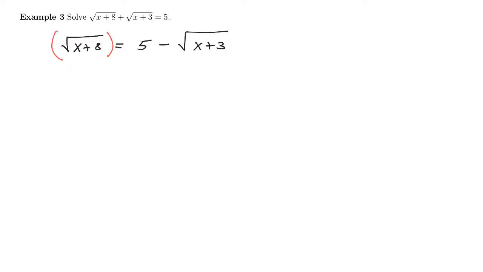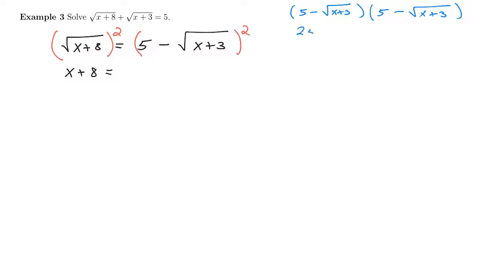I square the left, and I have to be careful when I square the right. The left, it's great. I just get x plus 8. But on the right, just being a little bit careful here, 5 minus the square root of x plus 3, squared, means I'm going to have several terms to be careful with. Like 5 times 5 is 25. Then I multiply the 5, I get 5 times the square root of x plus 3.